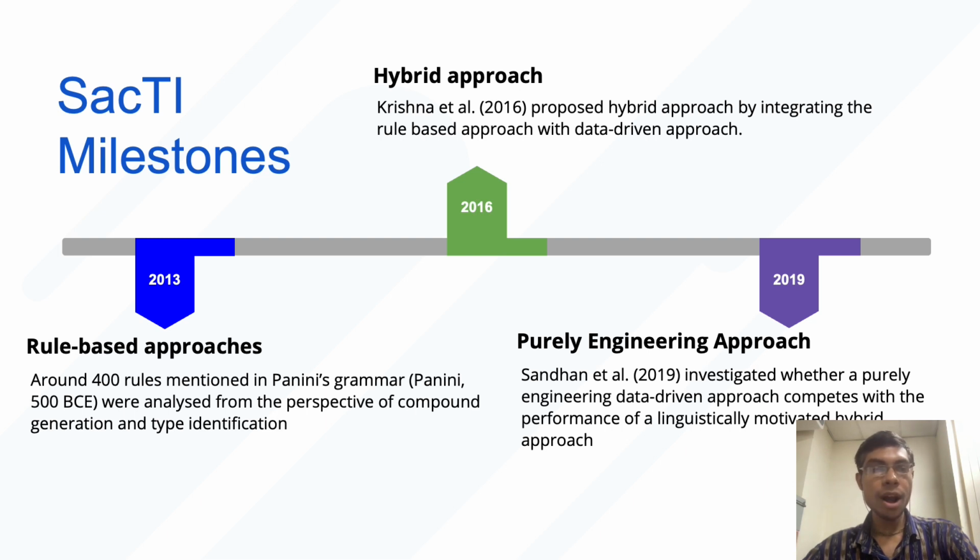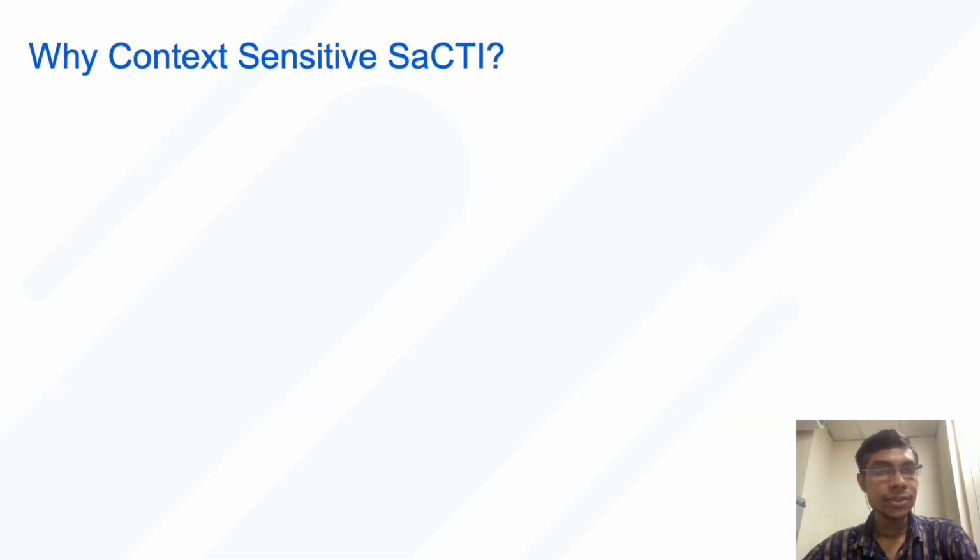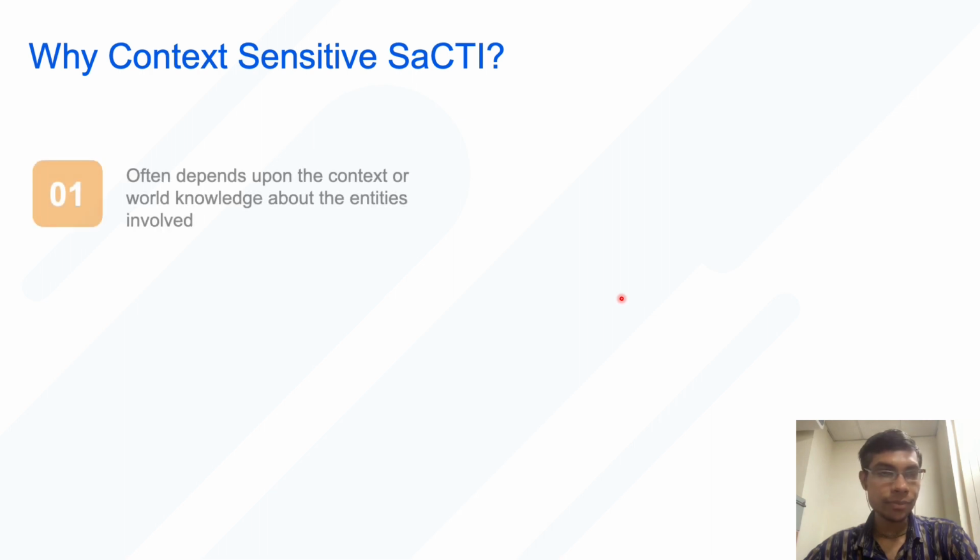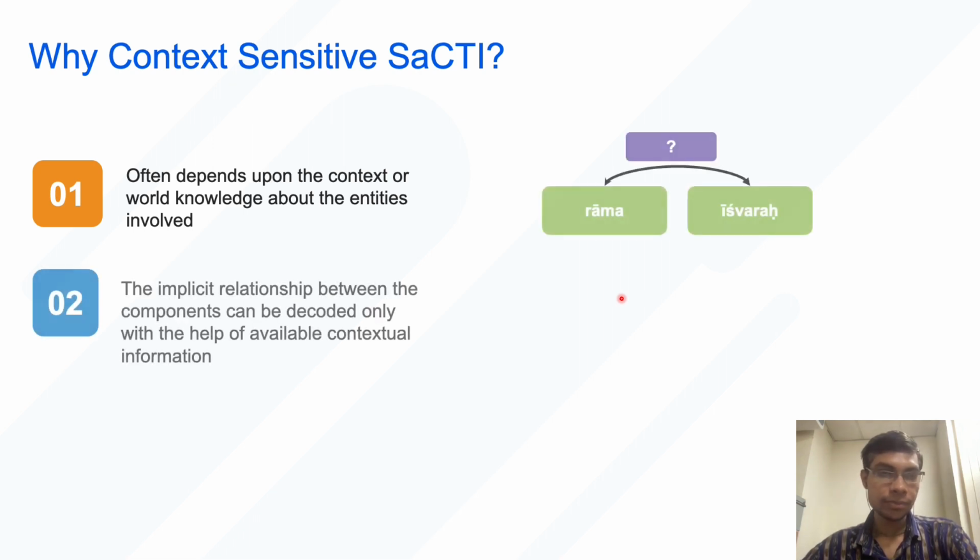If you see, in all these approaches the crucial information, the context, is missing. Why context-sensitive compound type identification? It often depends upon the context or world knowledge about the entities involved. The implicit relation between the components can be decoded only with the help of available contextual information.